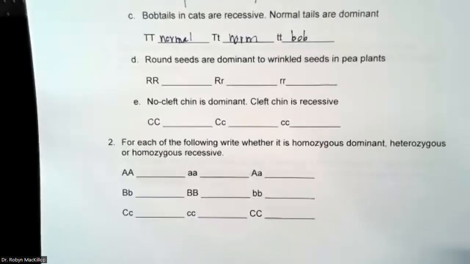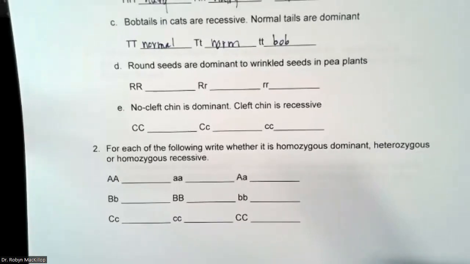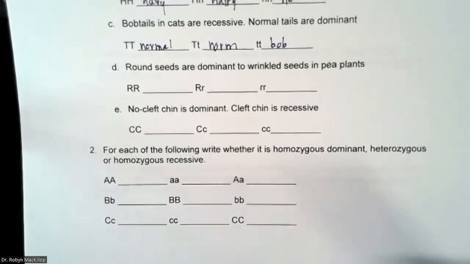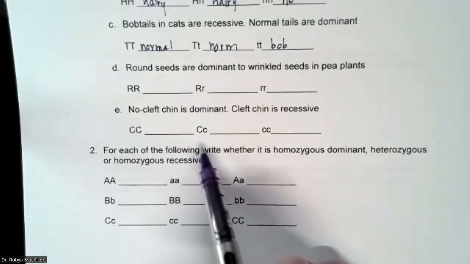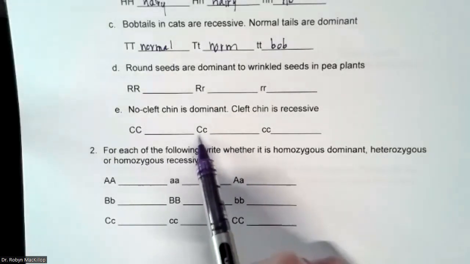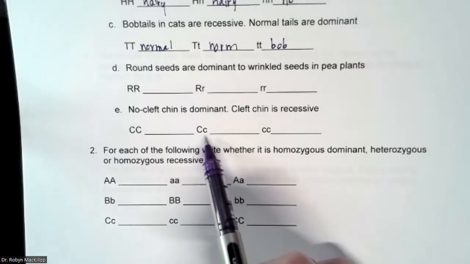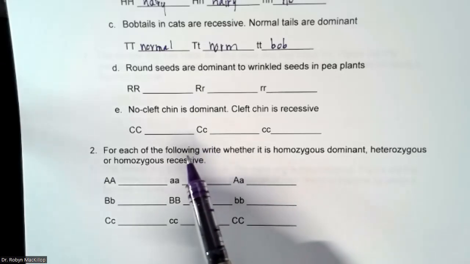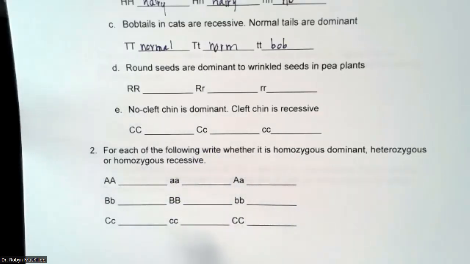But I'm sorry, does the big capital always have the power? Always. Okay. So when you've got this, it is heterozygous, it'll still be the dominant that you see. That person just happens to carry a recessive, which they could potentially pass on. Like before, one small and one big, they're still the same.